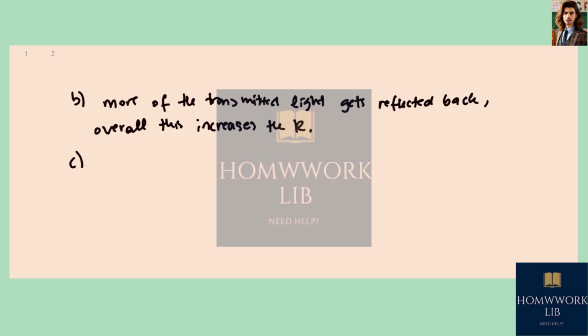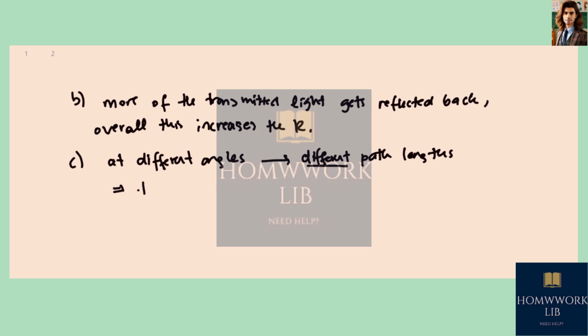Well, it's because at different angles we have different path lengths, right? So if we have different path lengths, then due to the difference in path lengths, the wavelength, let's say lambda, has to change.